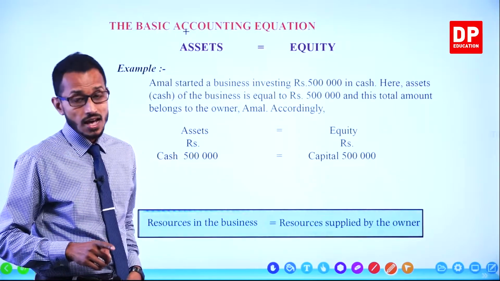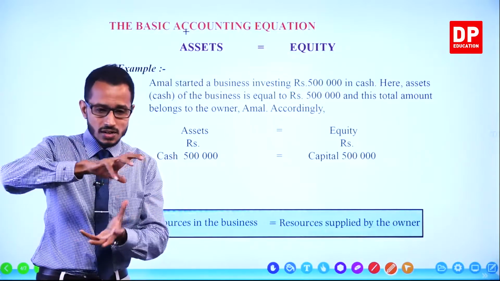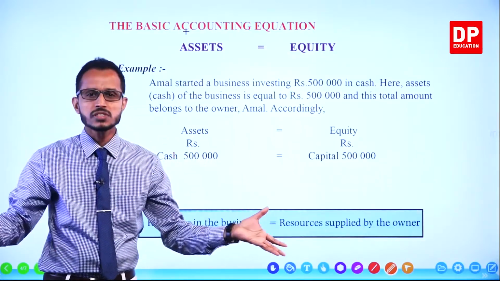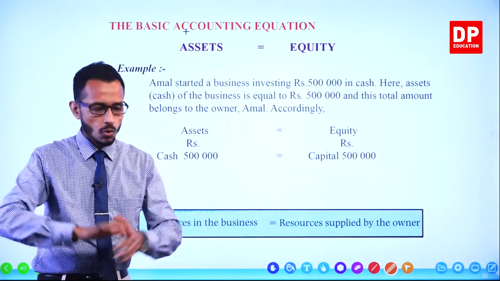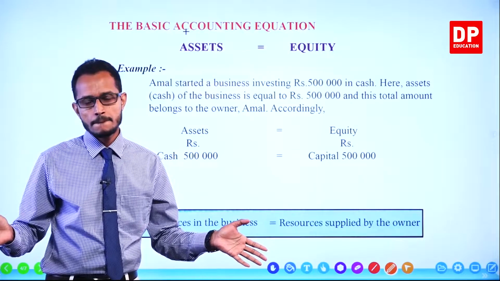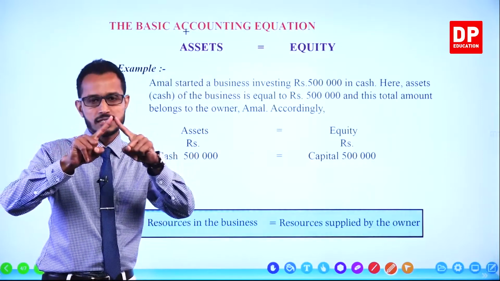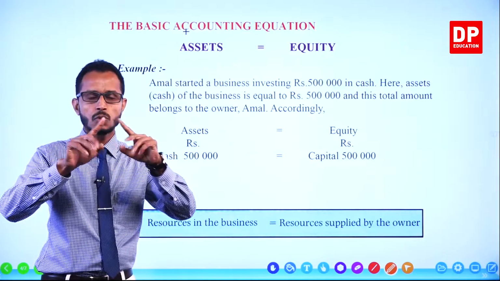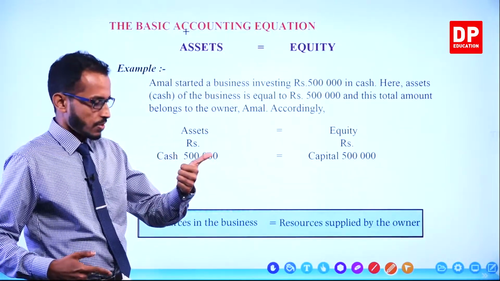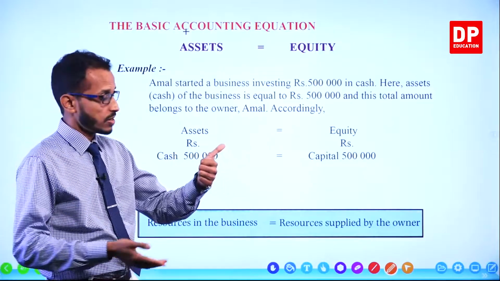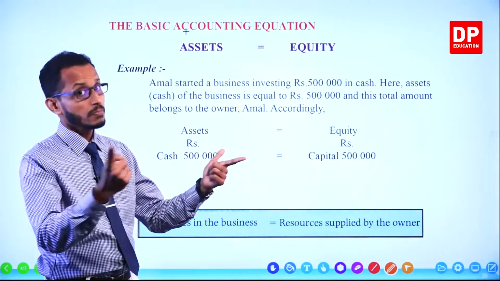Children, assets are all the resources in a business, very simply. All the resources in a business which are used in business activities are called assets. It can include the land which is used by the business, or the building situated on that land. The building must also be an asset.